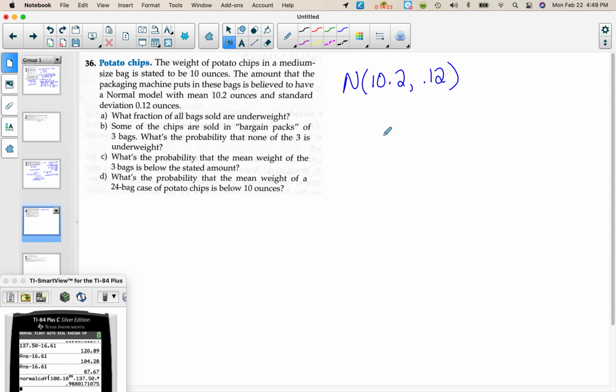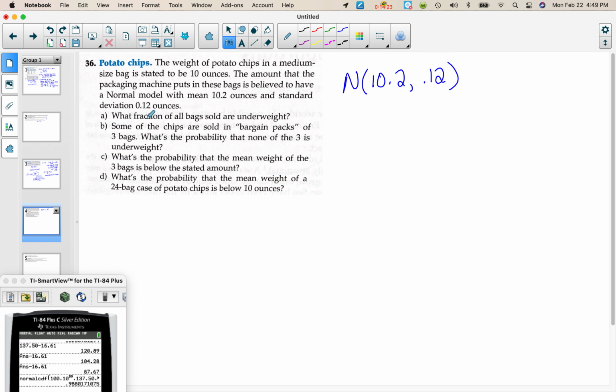So because our parent population is normal, any sampling distributions from that are also normal. It also means I don't have to have n greater than 40 to use these techniques, because I can still use a normal model even for smaller sample sizes.